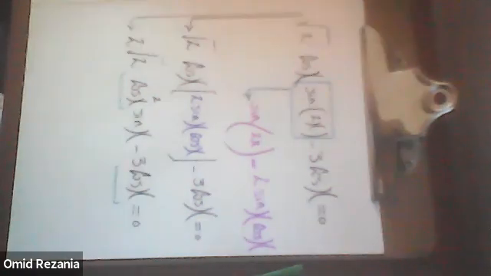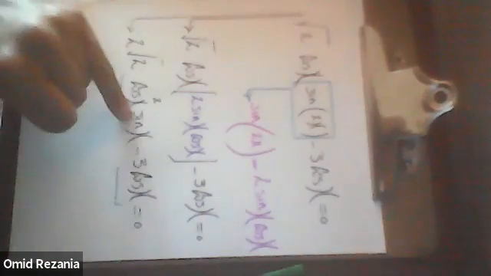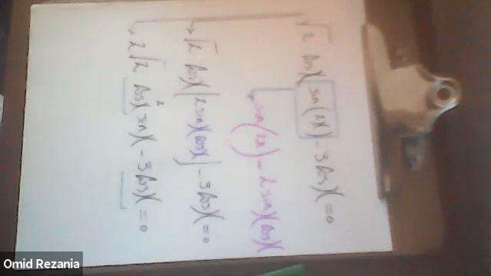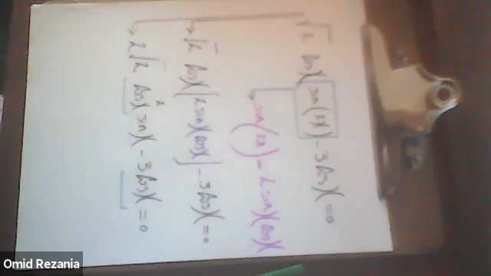If you substitute cosine of x with u, you get u squared times sine x minus 3u equals 0, which you see that the sine x is a pain in the neck. It's not going to be easy with that substitution.